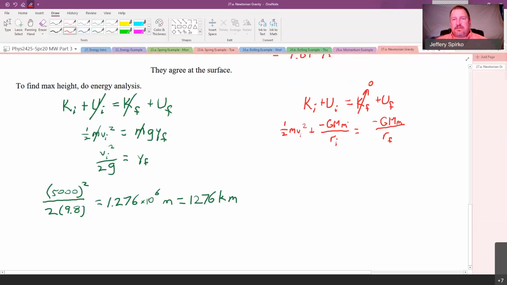So now let's cancel out the little m's because they're in every term in our equation.